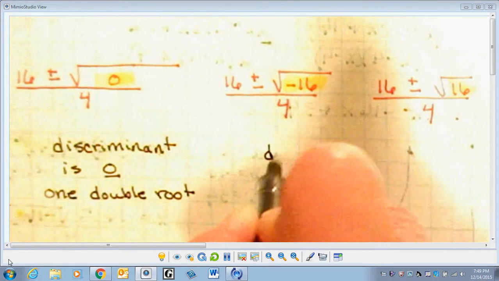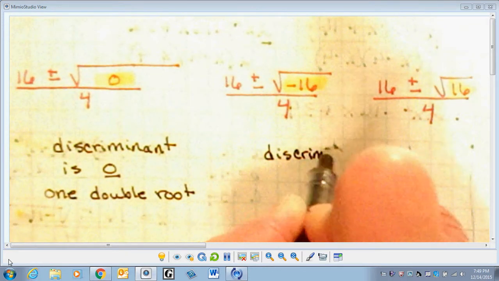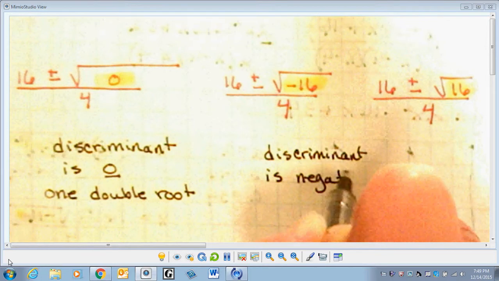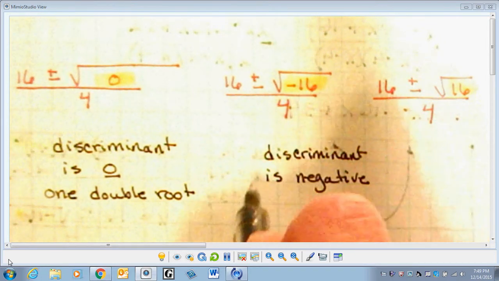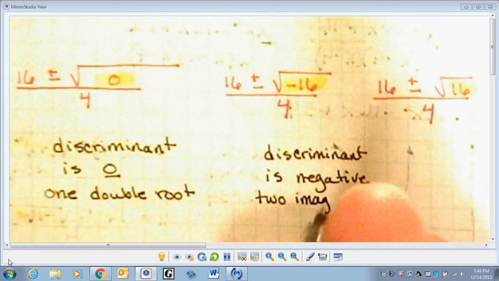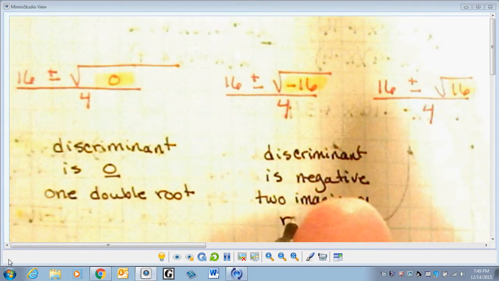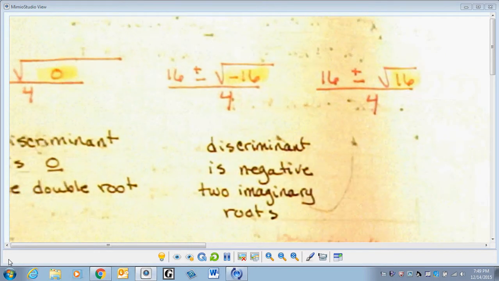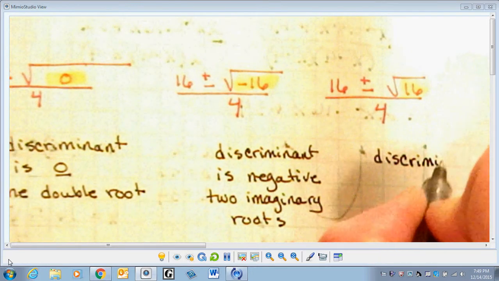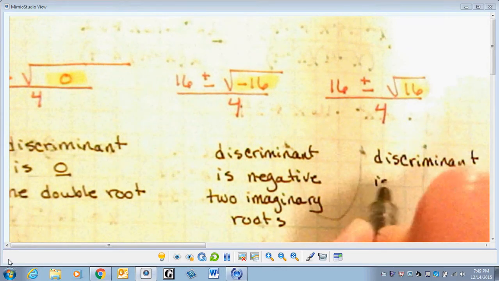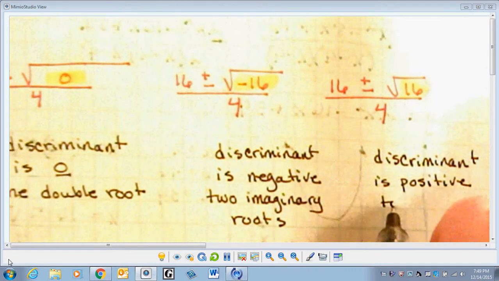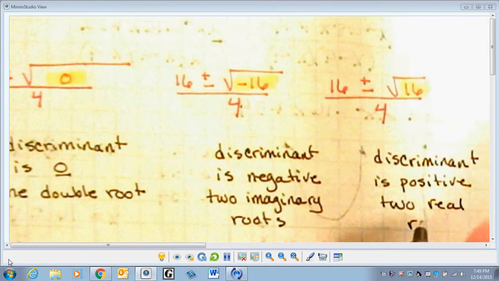If the discriminant is negative, which it was in this case, then we have two imaginary roots. And last but not least, if the discriminant is positive, we have exactly two real roots.